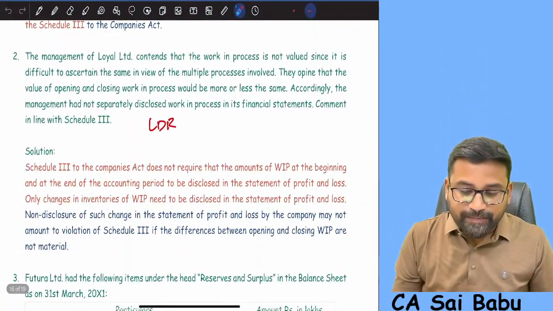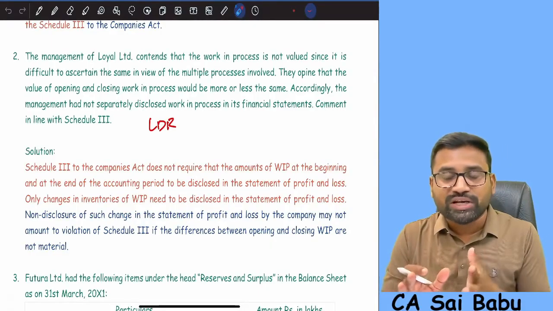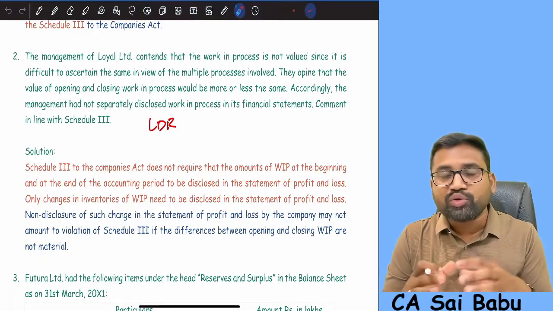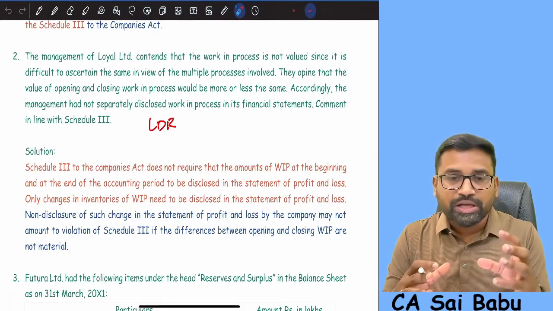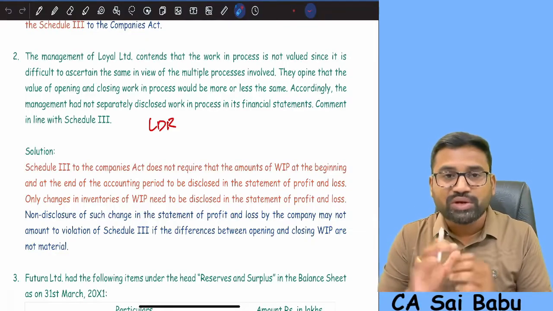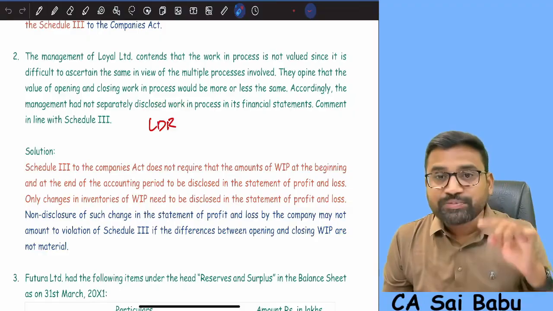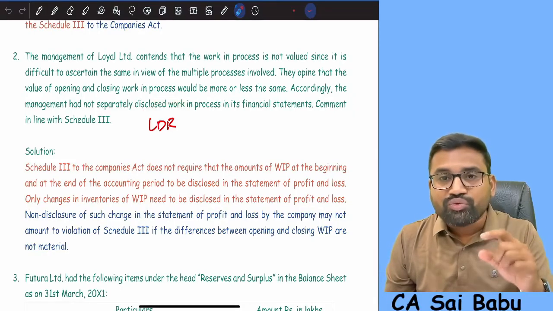And second one, this company has some work in progress. Opening work in progress, closing work in progress, more or less the same. So they don't want to show work in progress separately. Is it a violation of Schedule 3? No, because as per Schedule 3, will you be required to show work in progress separately?